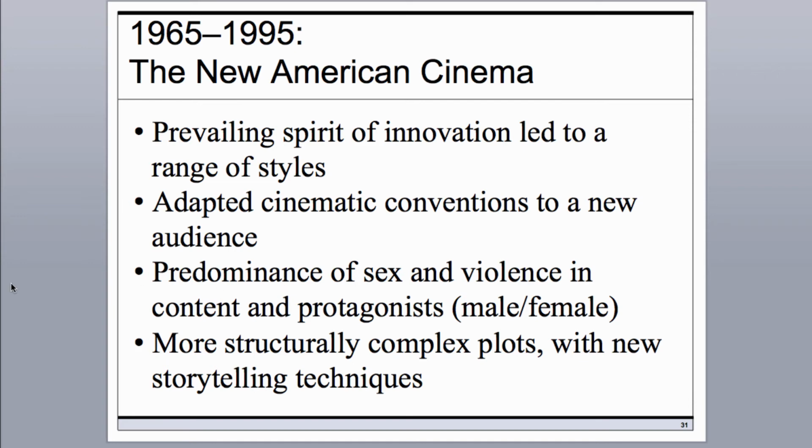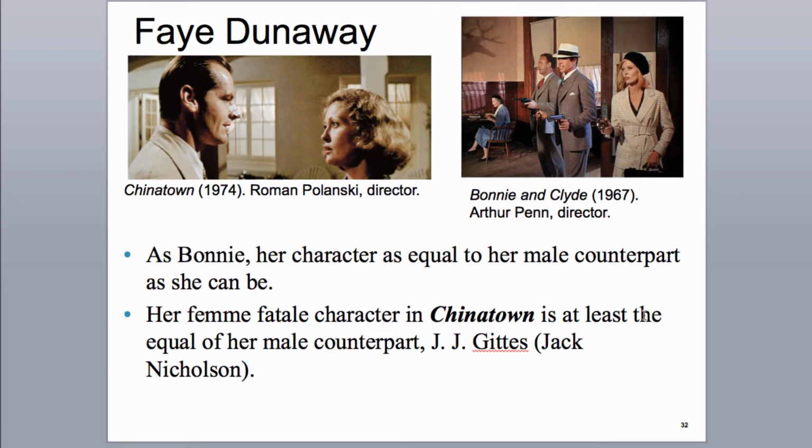More sex is introduced, foul language, more violence, and the content is very much protagonistic, male and female. And this is where we're going to see females gain a more complex and substantial role in films during this period. So the plots become more complex. They have new storytelling techniques, and it becomes more complicated to understand the storyline.